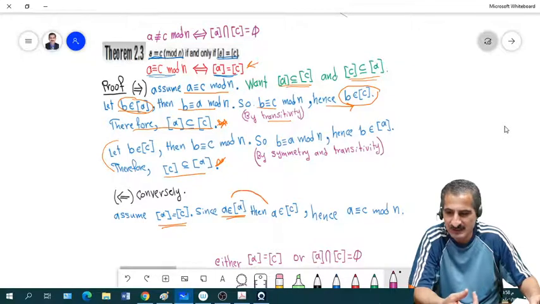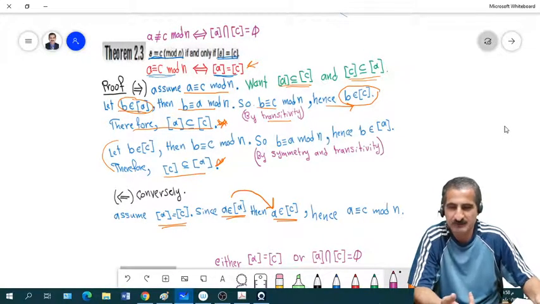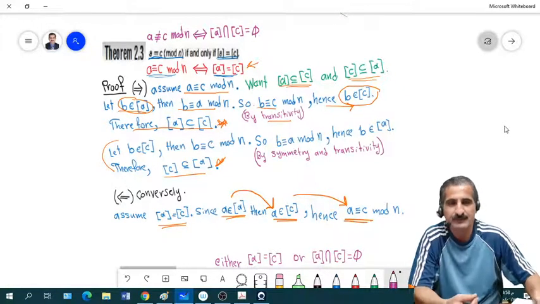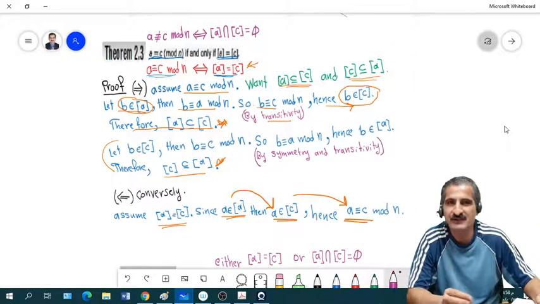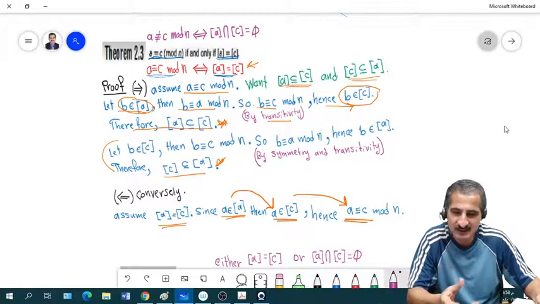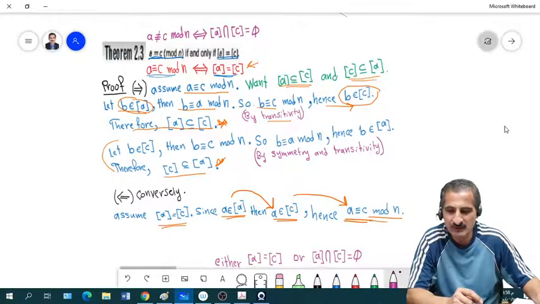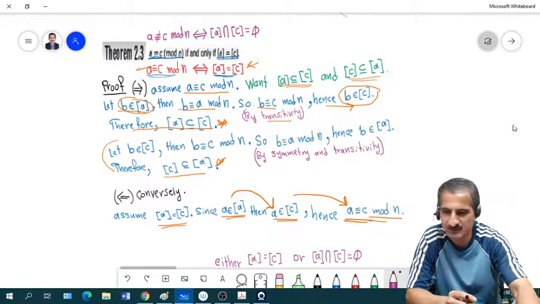So that means A belongs to the equivalence class of C. But what makes it belong there? It is congruent. What does it mean to belong there? It means it is congruent. A belongs to the equivalence class of C, that means A is congruent to C modulo n, and then we achieved this direction, and the theorem is proved.